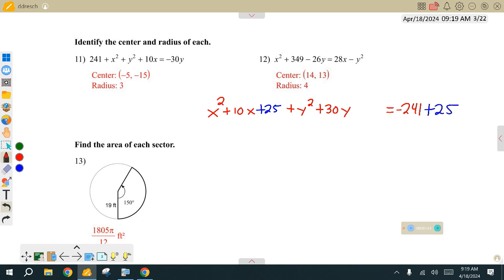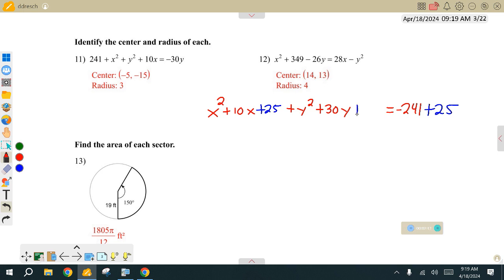Now, here on the next one, 30. Sorry, let me try that again. Half of 30 is 15, and then 15 squared is 225.